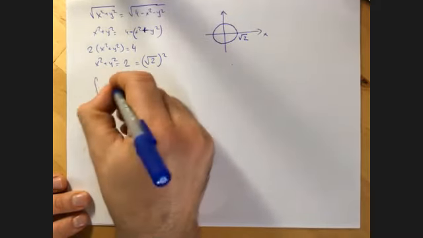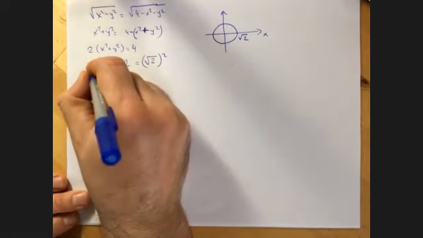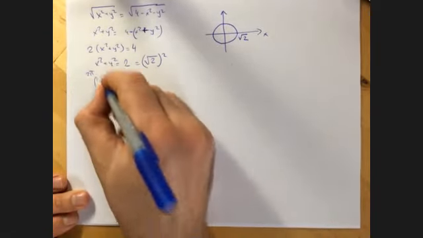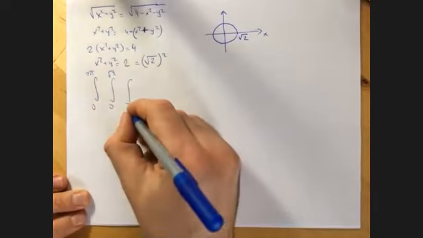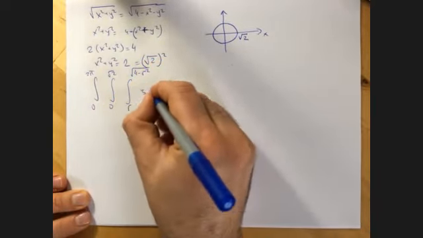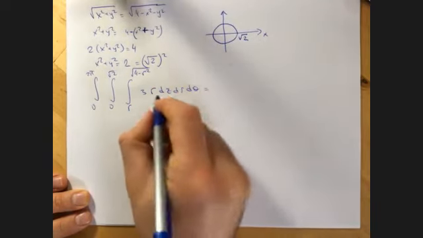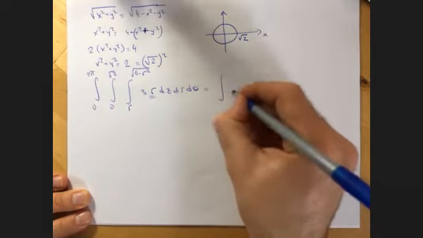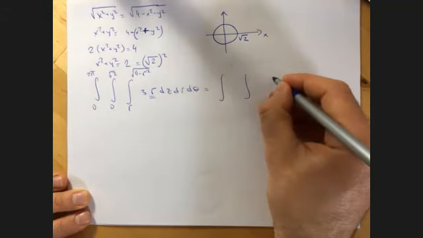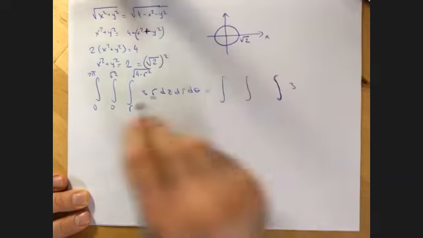So basically, I'm just writing the equation here: from 0 to 2 pi, from 0 to square root of 2, and from r to square root of 4 minus r squared, 3r dz dr d theta. This was the Jacobian, right? So the integrand is just going to be 3, right?